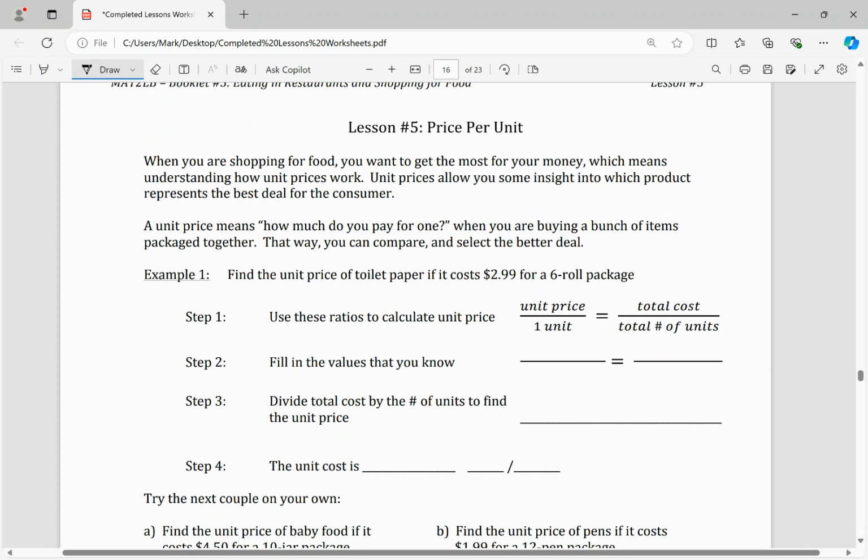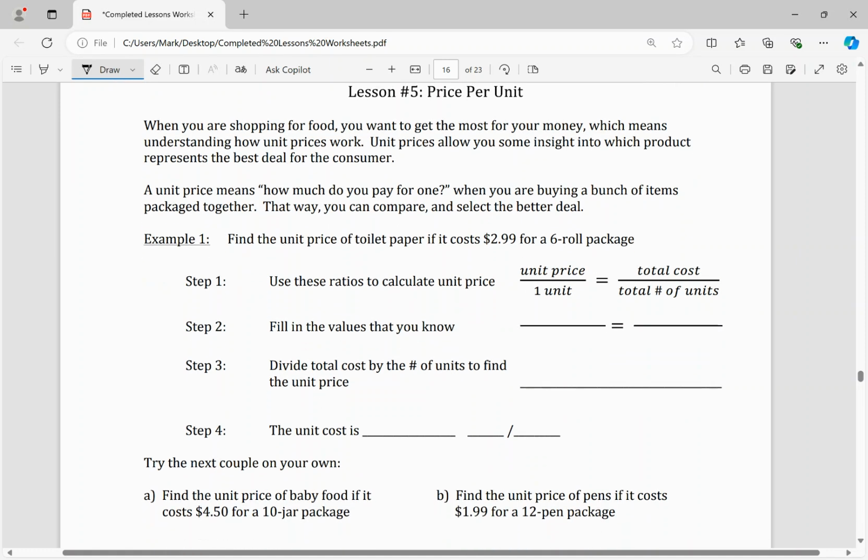Now, what we're going to do is set up a ratio, and that just means to set up a division. The unit price per 1 unit is equal to the total cost divided by the total number of units. So step 2 is to fill in the values that we know.